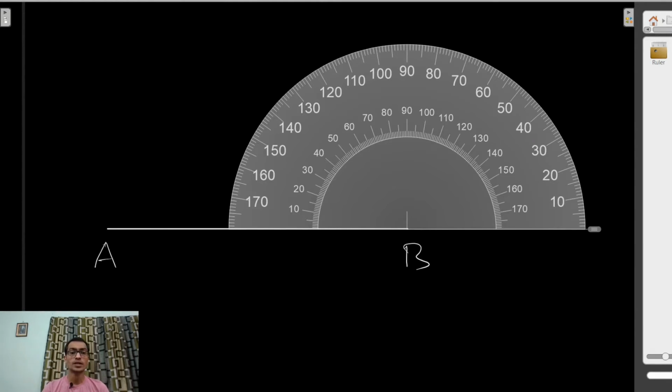Here this is our 0 point, but you will say that it is not 0, it is 180. Right, it is 180, but here you can find 0.